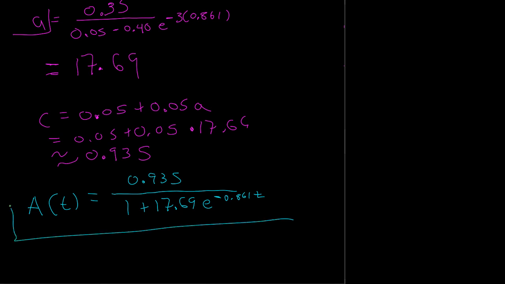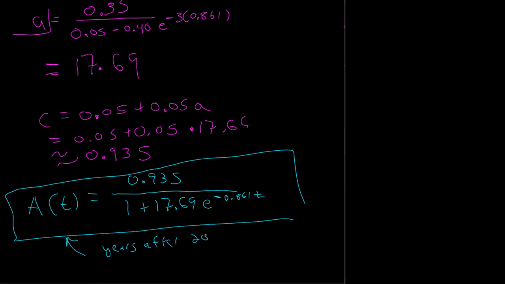And we now have our equation where we can predict for years after 2005 your cell phone service in India in billions, right? Because that's in billions.